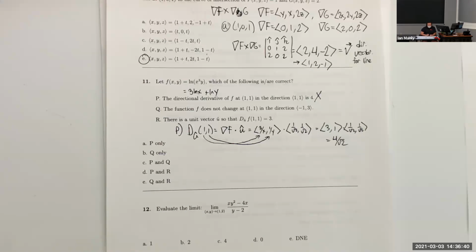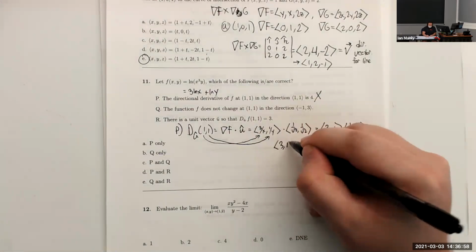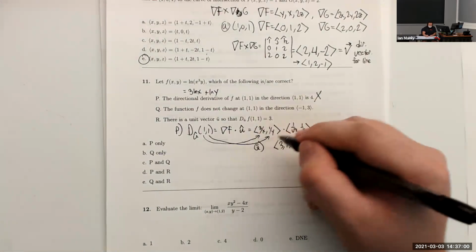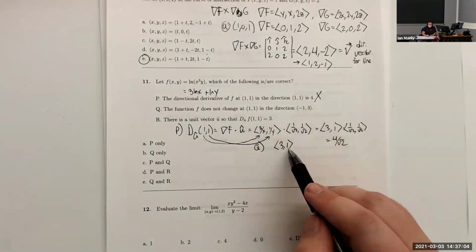All right, well, if it doesn't change in that direction, that means that it's going to have a directional derivative of 0. But another thing is that it's going to have a direction that is perpendicular to that of the gradient. So the gradient at this point is 3, 1, right? So is -1, 3 perpendicular to 3, 1? Yes, it is.